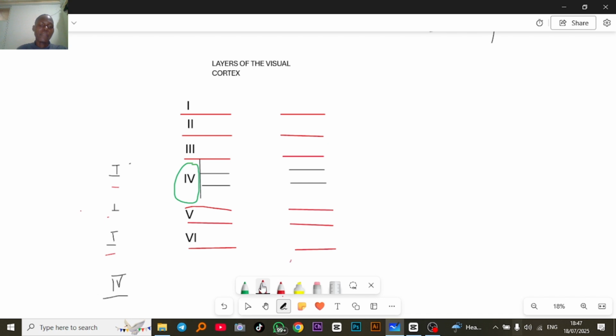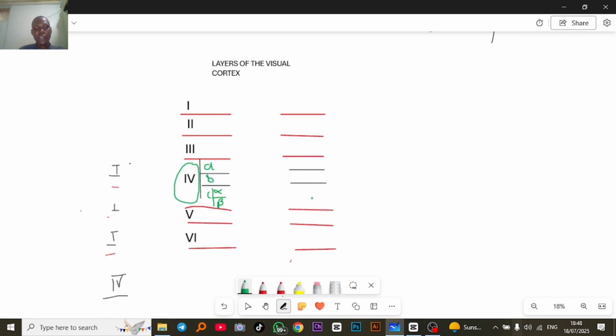Layer 4 has 4 divisions: 4A, 4B, 4C, and layer 4C is further divided into alpha and beta. All the optic radiations will terminate in layer 4.